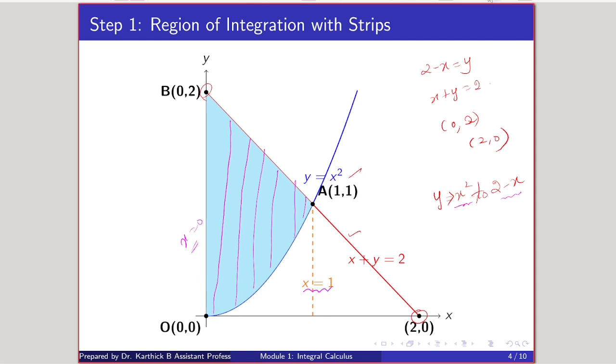If we look clearly at the overlapped region, this will be the shaded region. The shaded region will be the overlapping area.